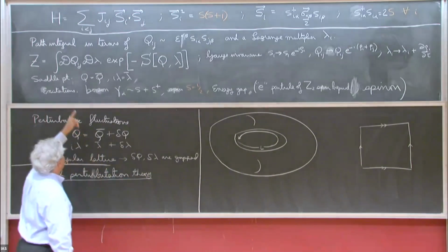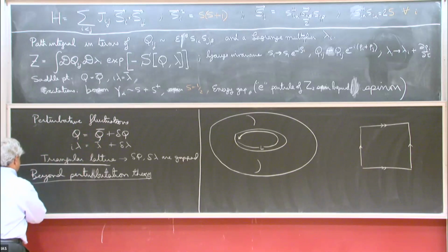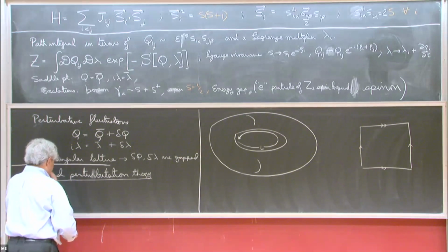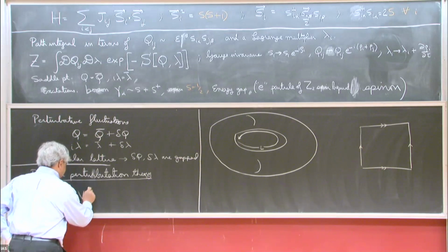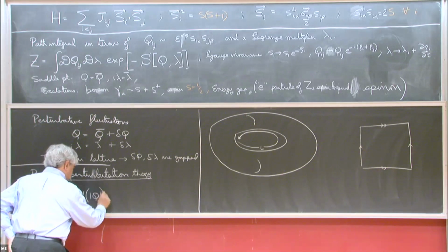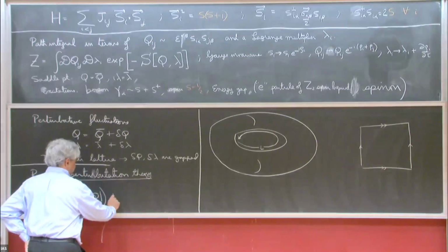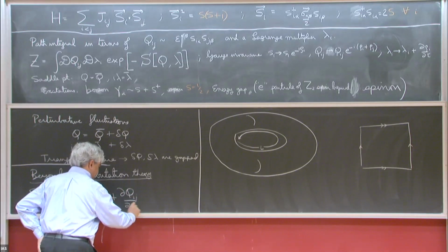To see that, let's first write down schematically the structure of S. I'll ignore lambda for now. So S of Q has various terms, but the kind of terms you're going to need, well, first of all, there could be some potential, which depends on the Q on a given length. And there could be some time derivative terms like this.